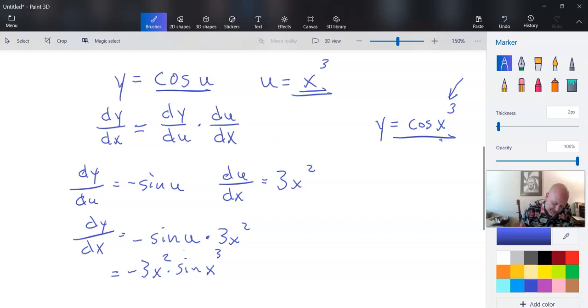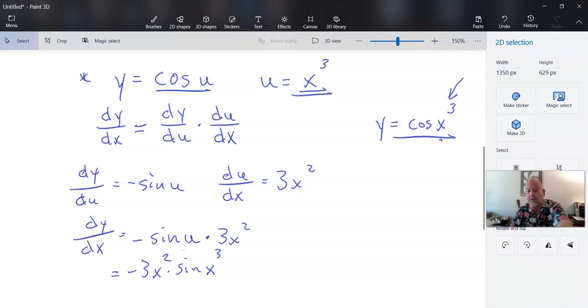But the bottom line is, the first problems you're going to get look a lot like these, where you're given y of u and u of x as two different functions, and you have to use the chain rule here. This will make implicit differentiation make a lot more sense when we get to that.